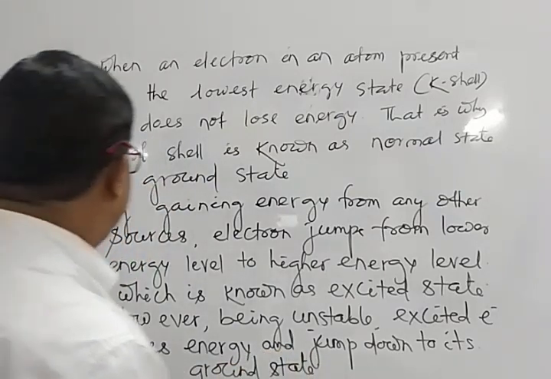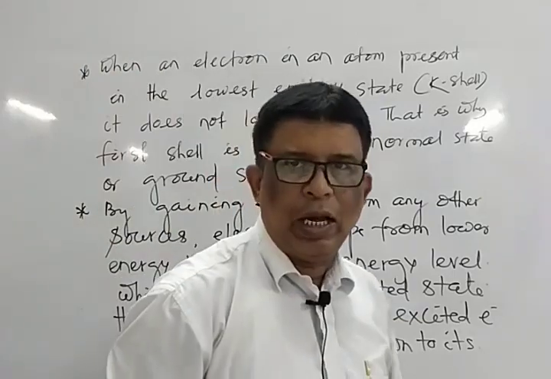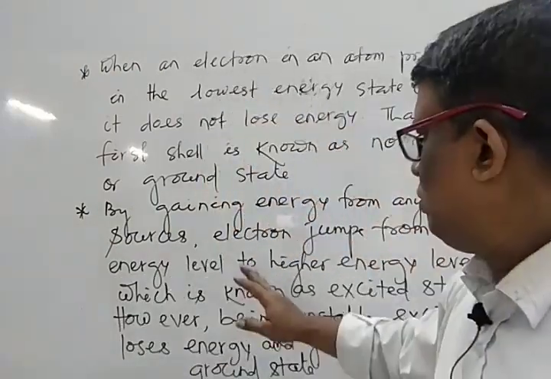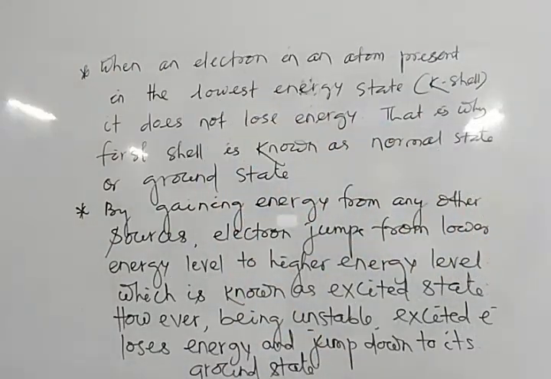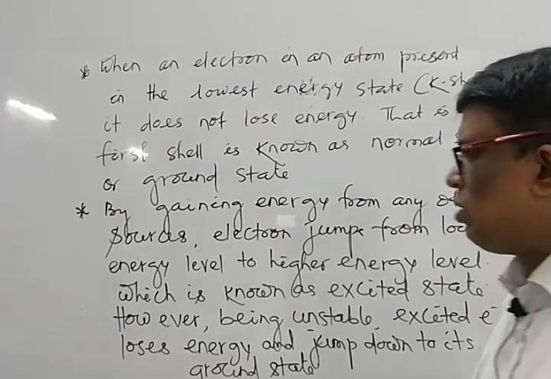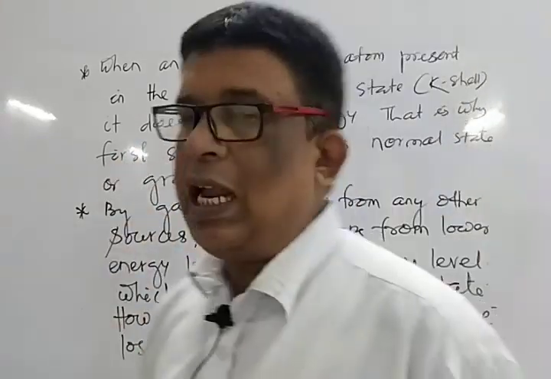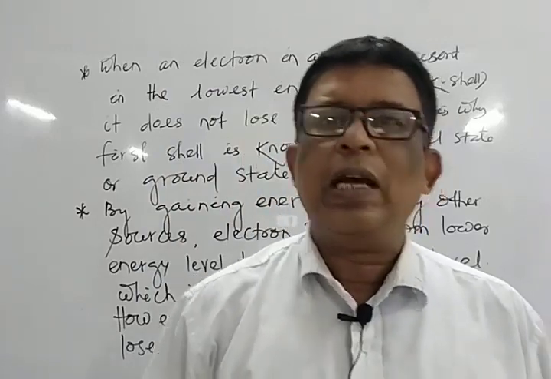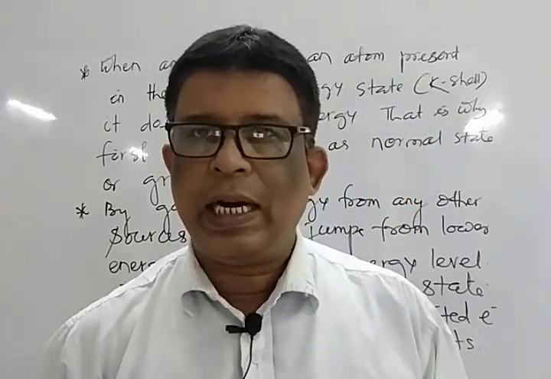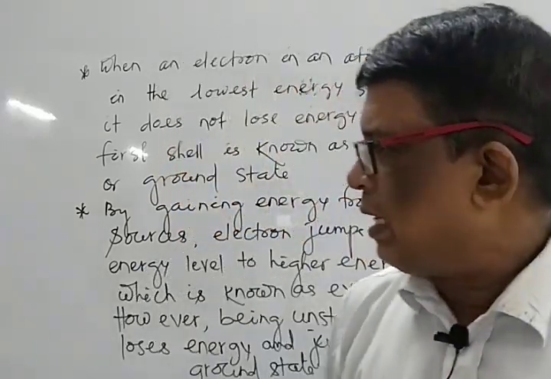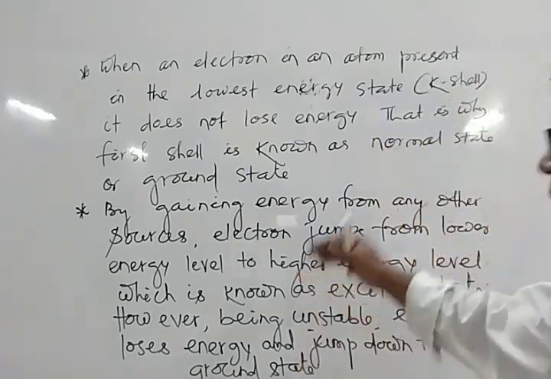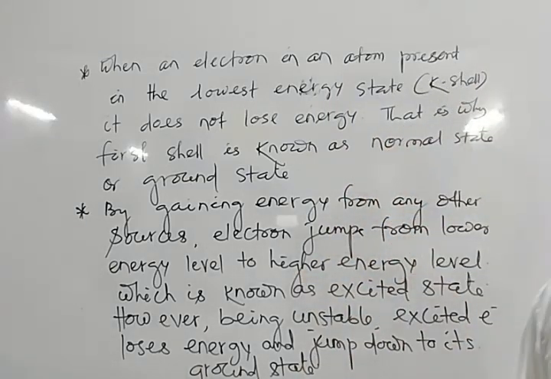Mark that. By gaining energy from any other source, an electron jumps from a lower energy level to a higher energy level, as a result of which it is in an unstable state, that is known as the excited state. However, the excited state being unstable, that electron jumps down from a higher energy level to a lower energy level.